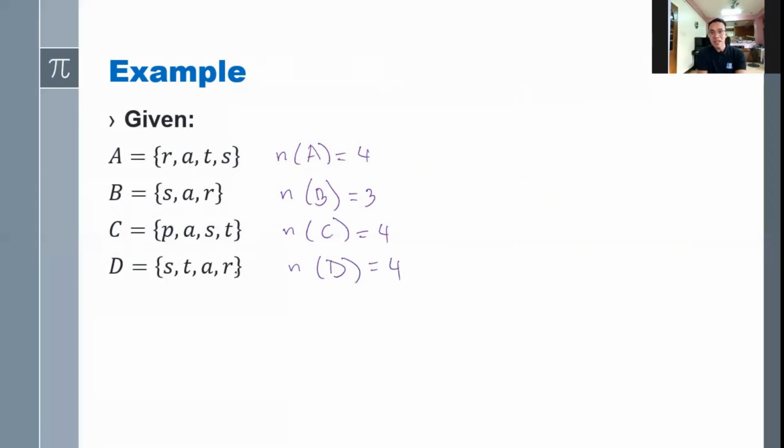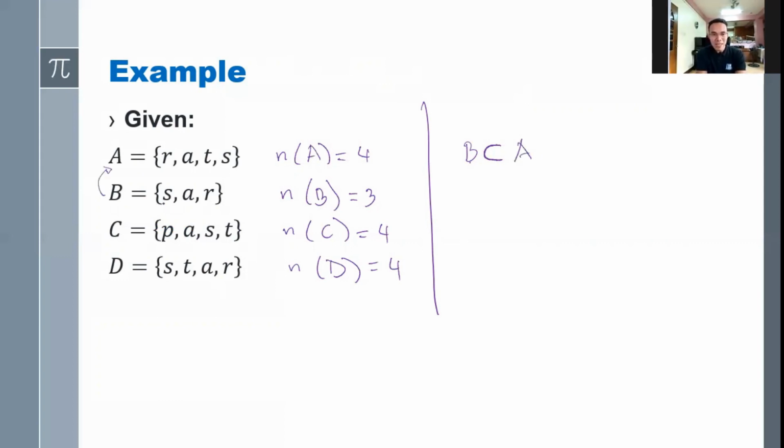Based on the given sets, I can conclude that set B is a subset of set A. Written this way, set B is a subset of set A. This is the symbol for proper subset.